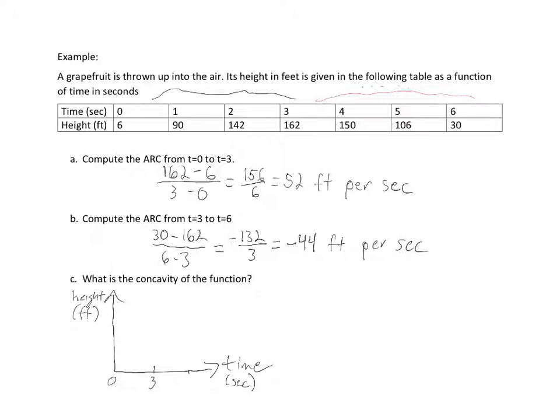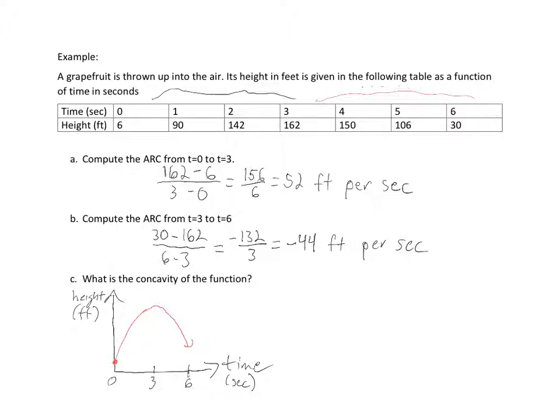So we're going to look at from 0 to 6, let's say. At 0 seconds, we're just a little bit off the ground, at 6 feet. Until we reach 3 seconds, we know the height of the grapefruit is increasing. But when we get to 3 seconds and onward, the height begins to decrease and comes back towards the ground.